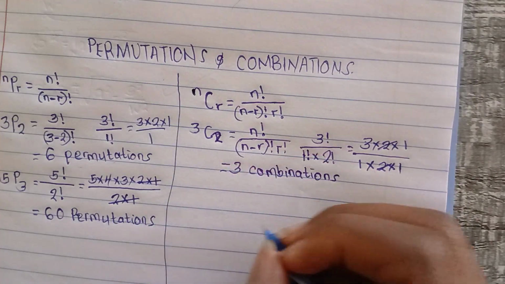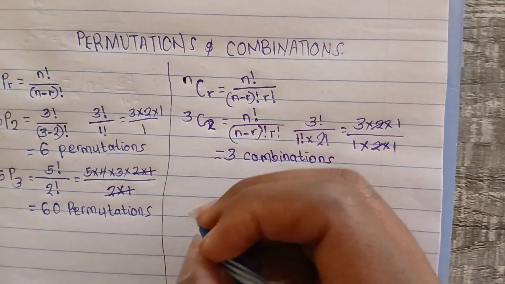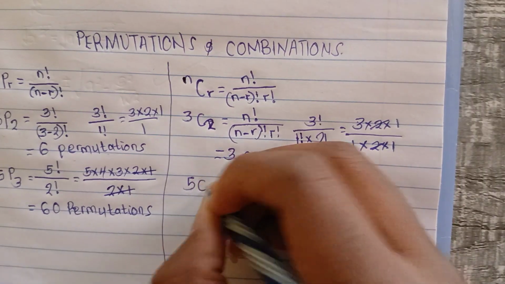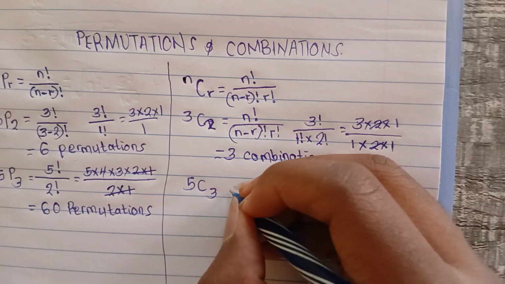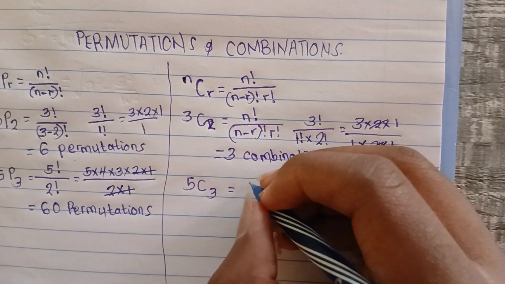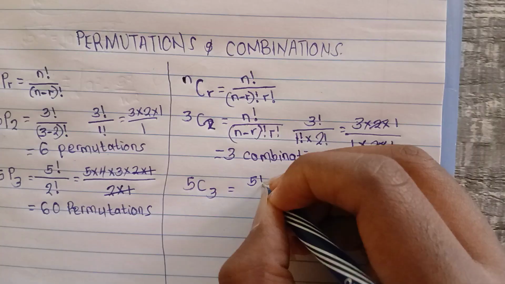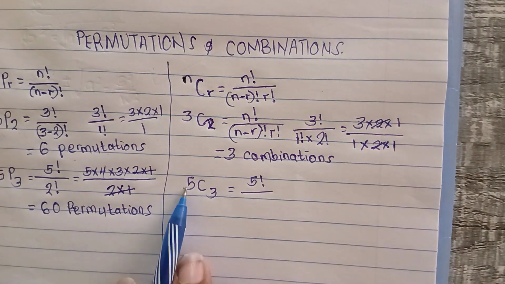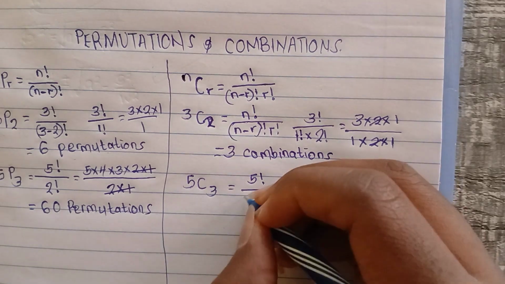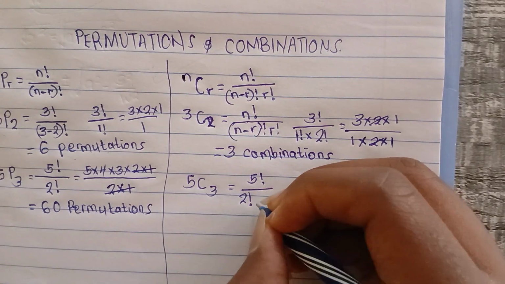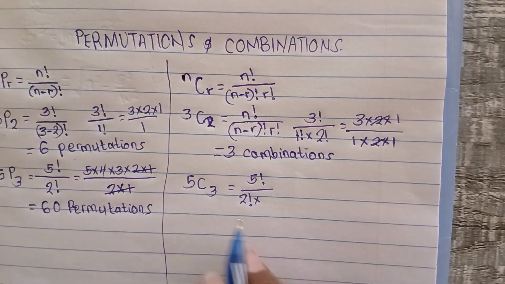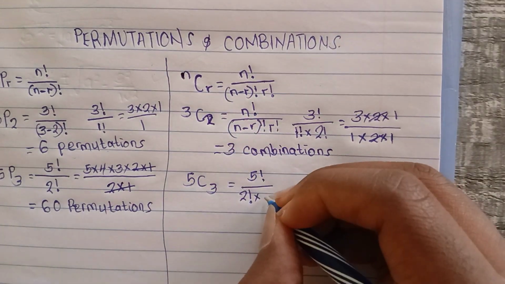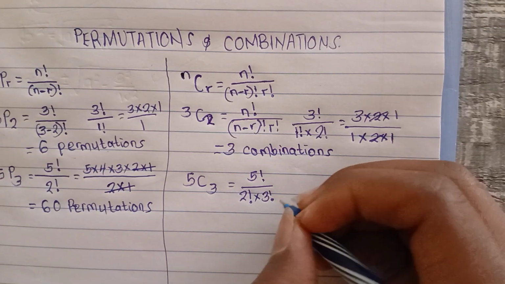Then, if you have the same digits here, let's say 5C3, that is n factorial, that is 5 factorial, over n minus r. n minus r is 5 minus 3, that is 2 factorial, times r factorial in our formula. r is 3, so that is 3 factorial.